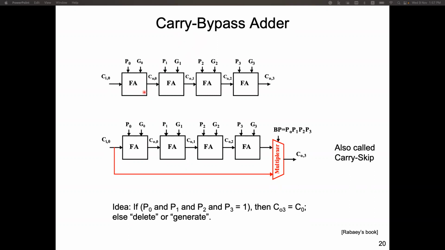Say it's 4-bit. We have 4 full adder cells, and we use P, G, and C as input for each full adder cell. Not A, B, and C, but P, G, and C.